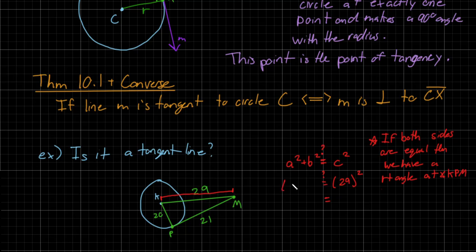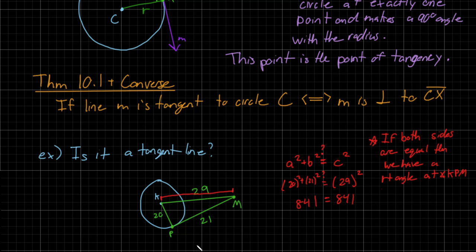Okay, what goes on the rest of my left side? And what did both sides of these equal? Were they same or different? Same. What was it? 841 and 841. What does that tell us?